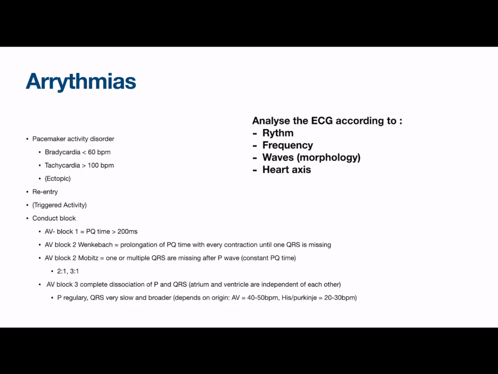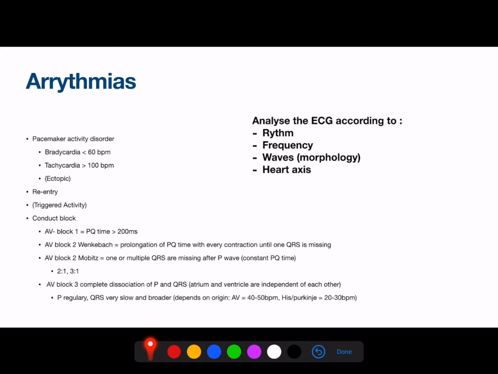The AV block is differentiated in different degrees. We have AV block first degree, which is just the prolongation of the PQ time above 200 milliseconds. That means we have a P wave in front of every QRS, but the time between P and QRS is just prolonged. Then we have AV block second degree, which is differentiated in Wenckebach and Mobitz.